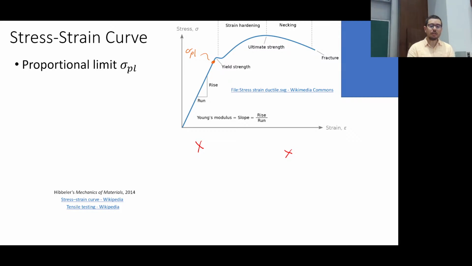So this is what the curve looks like. Do you see that on the y-axis we typically do stress, and on the x-axis we typically draw strain? This is called a stress-strain curve.